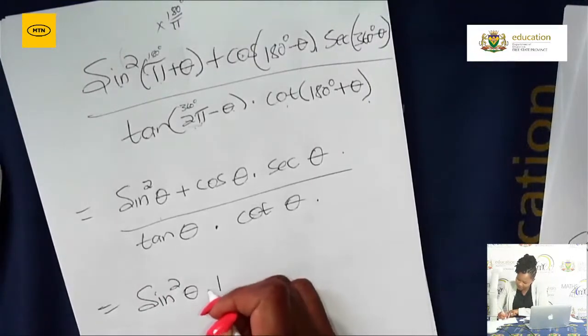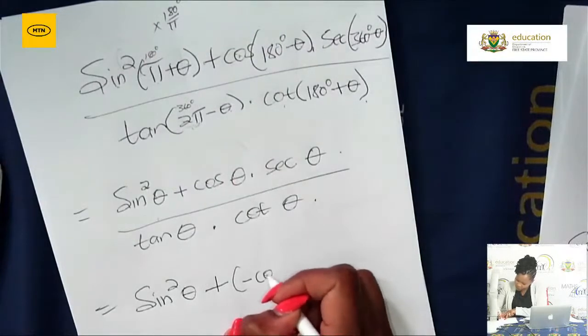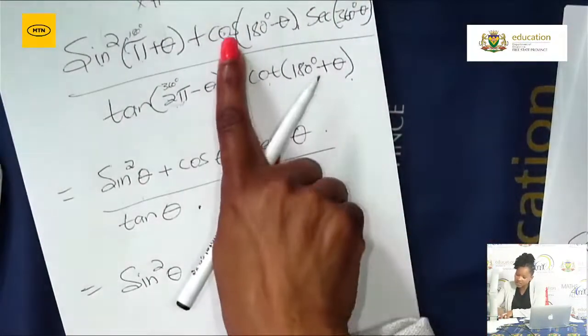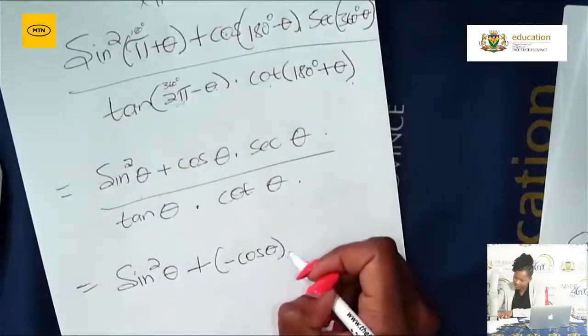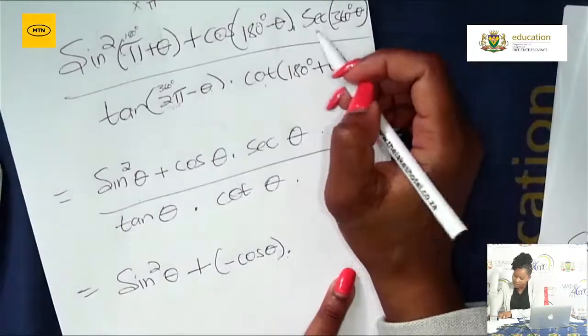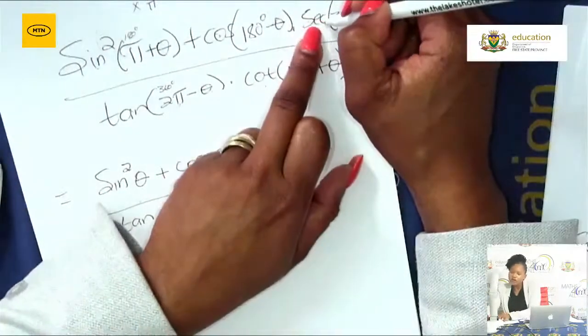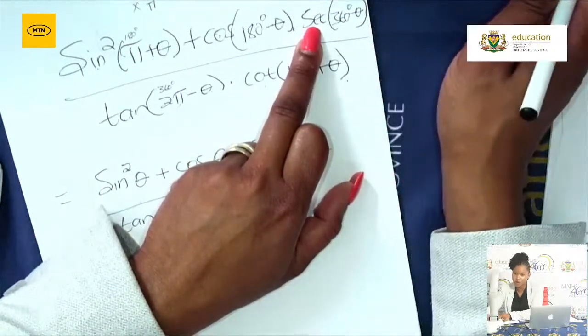Then we have plus negative cos theta. The negative is from your calculator after pressing cos of 180 degrees minus 1. Times, we are having sec here, sec of 360 minus theta. In your calculator, you don't have sec, but you know that sec is a reciprocal of cos.